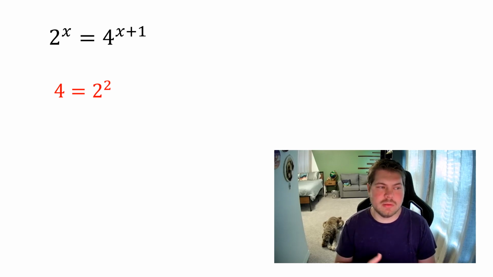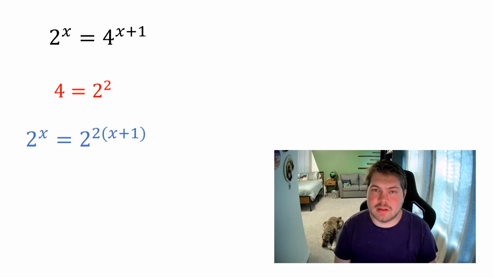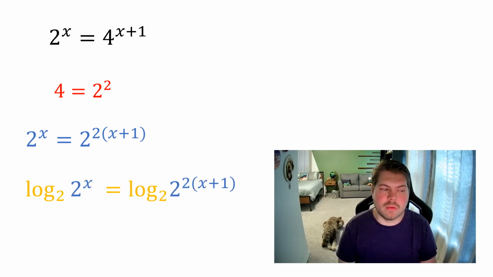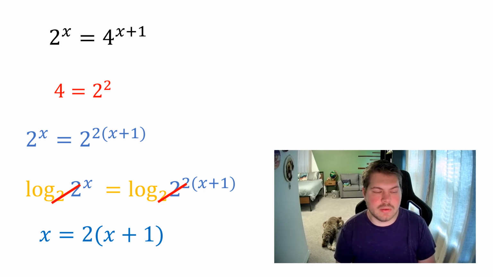So essentially we can make it 2 to the power of x, 2 to the power of 2 times x plus 1. Now we just want to take the log of both sides, and then all we're left with is our exponents. So x equals 2x plus 1.